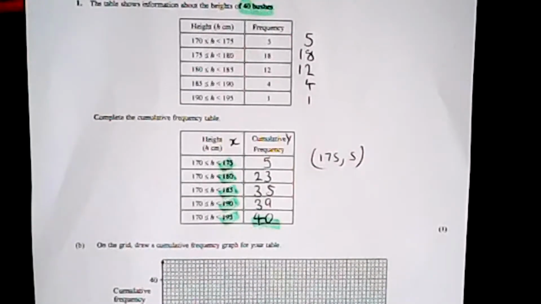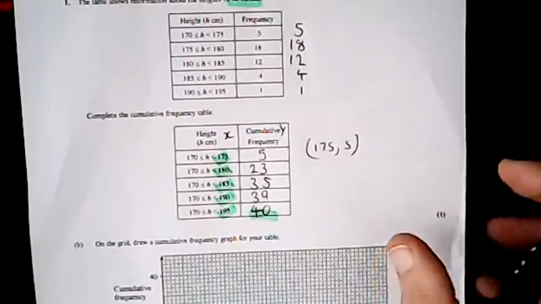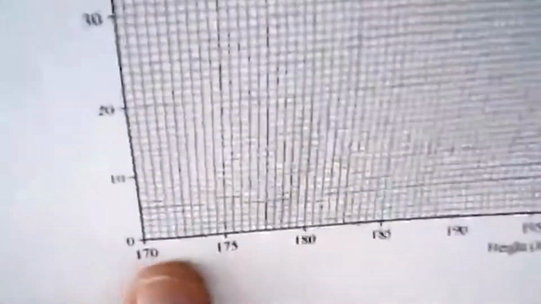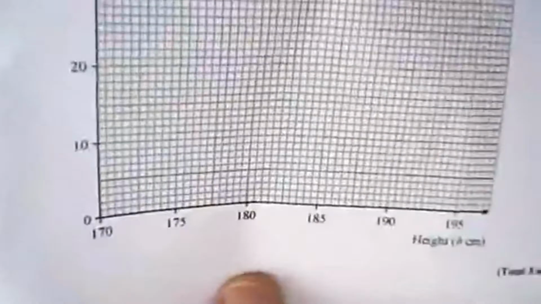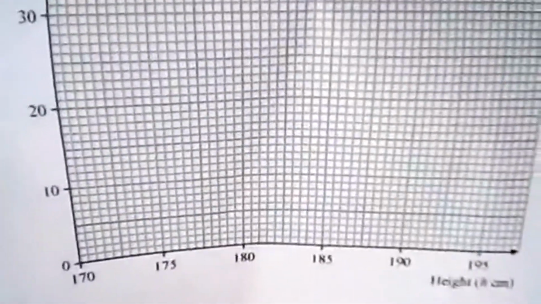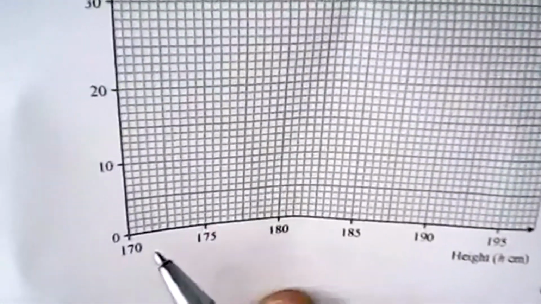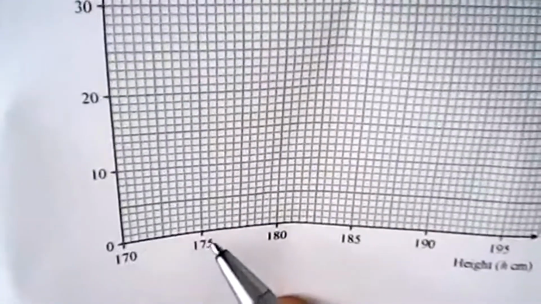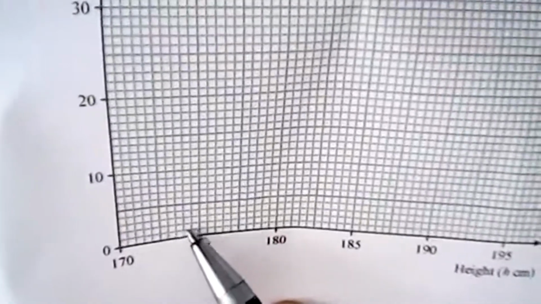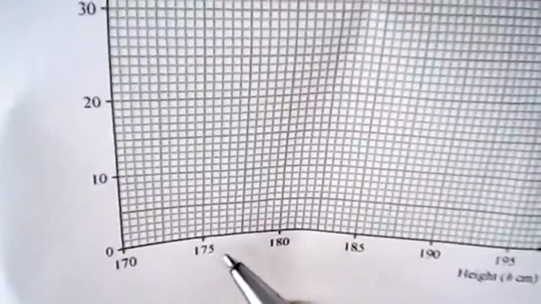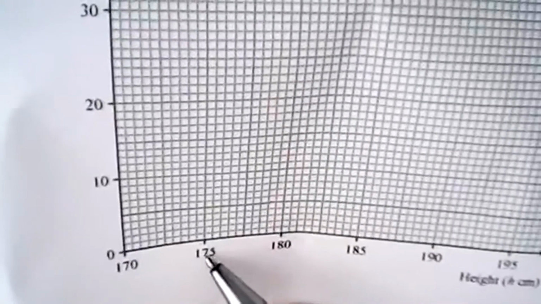So before we start diving into plotting this graph, what we need to do is carefully look at the axes. Now, we can fit this in. Zooming in on this DIY camera is a matter of me holding it up, so I'll just try and get it close. So what you can see is between there and there, there's 10 little squares, but there's only 5 points.